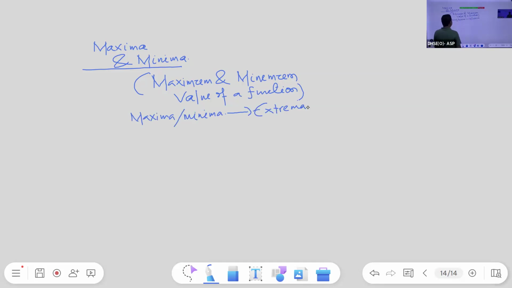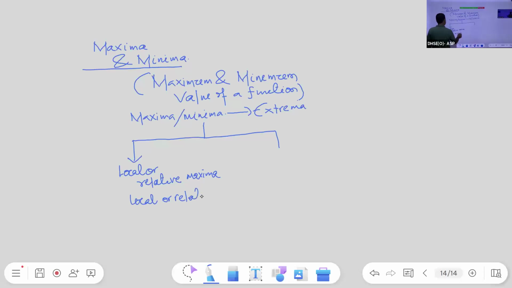Okay. So maxima, minima, or extremum, are of two types. Local or relative maxima, local or relative minima.